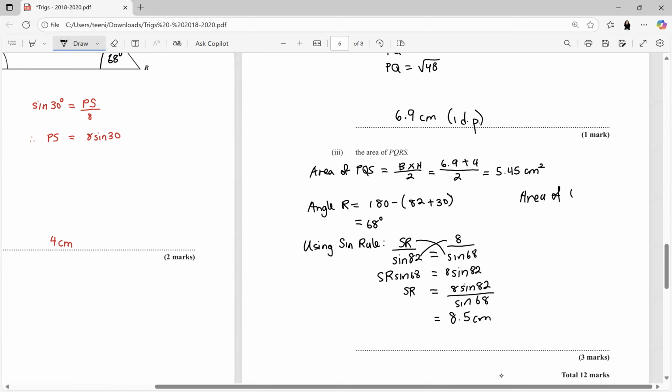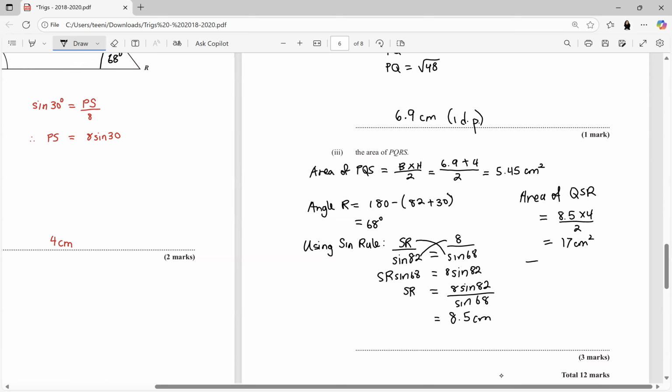So the area of QSR, I'm going to just use base times height divided by 2, would be equal to 8.5 times 4 divided by 2. So that will be 17 square centimeters.